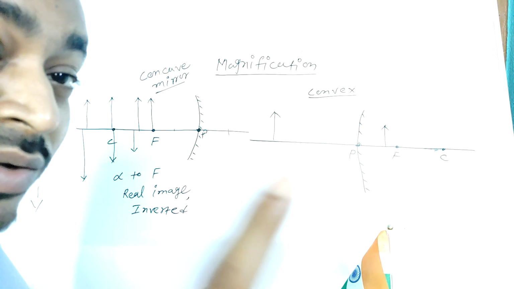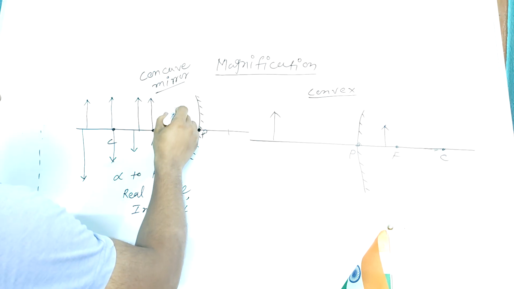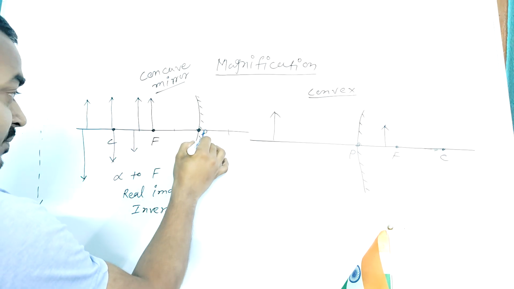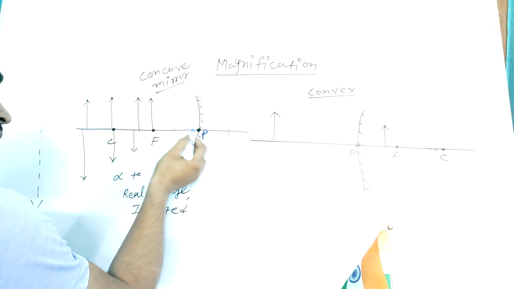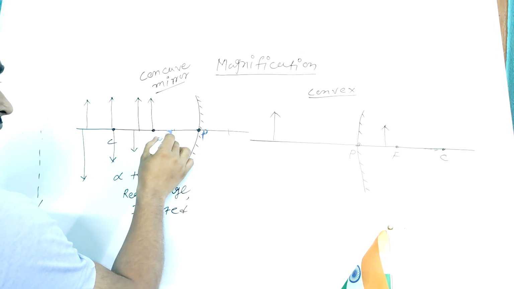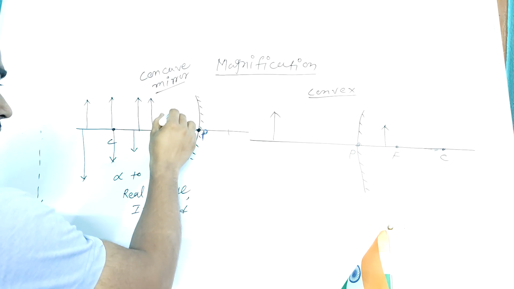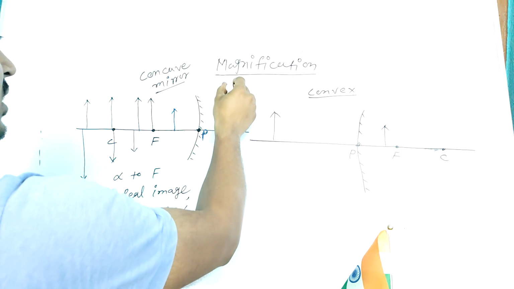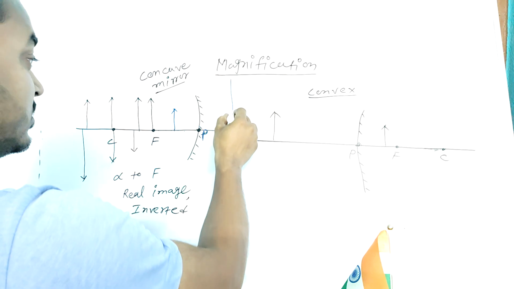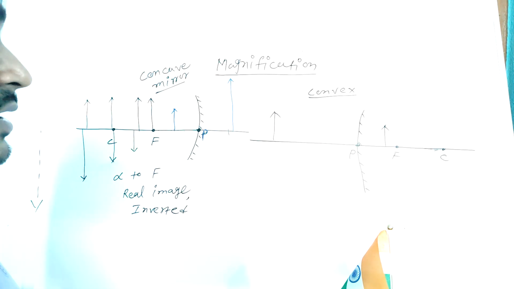So only one case we have: if we place the object between pole and focus, any point between pole and focus. Suppose I am placing the object here, then I get one image which is magnified or enlarged, and it is forming behind the mirror.